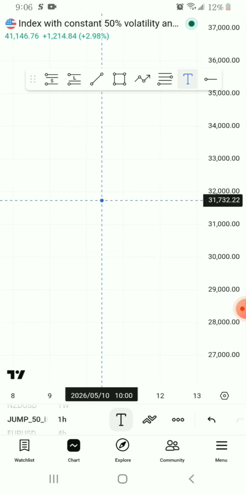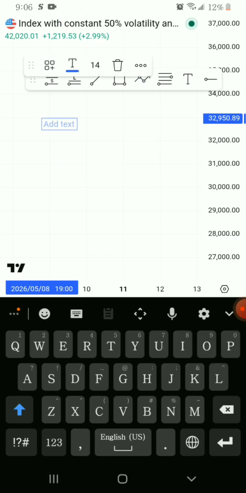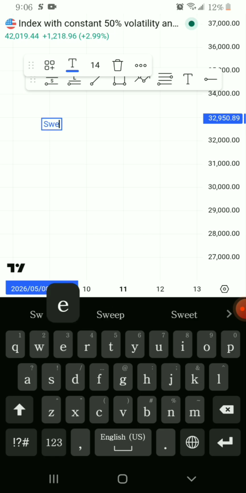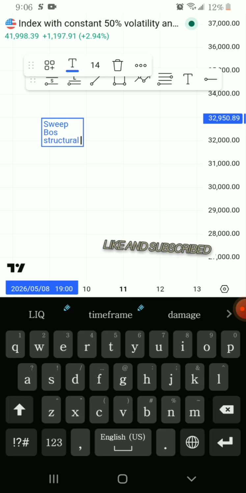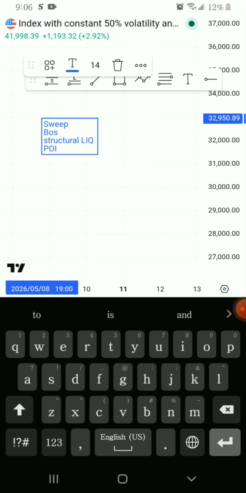These are the things I look for to cash in every day when I open a chart. Number one, I look for a sweep, a break of structure, structural liquidity, and my POI, which is my failed order block, and where price is coming from.